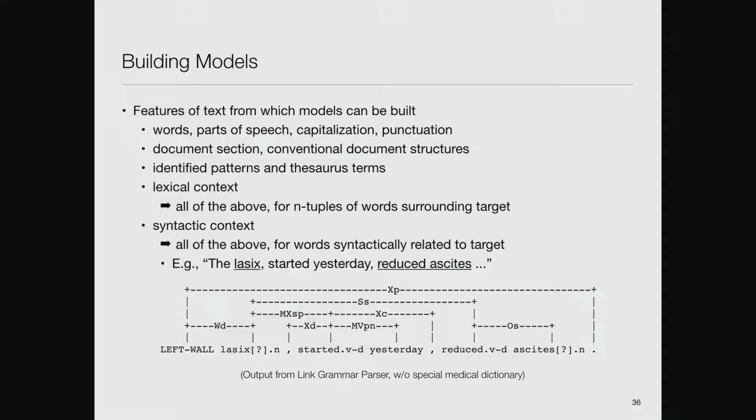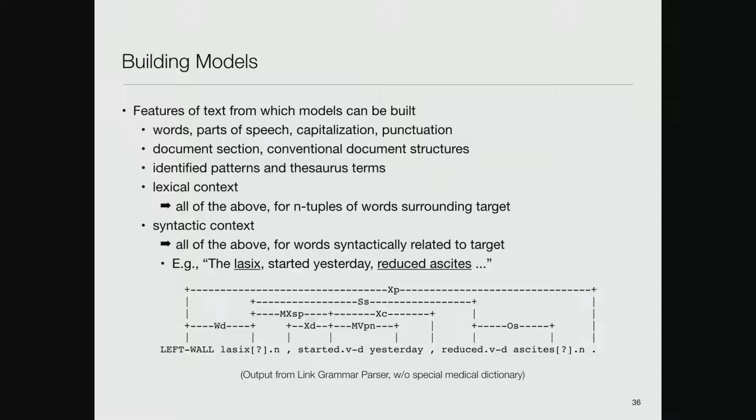We then identified a bunch of patterns and thesaurus terms, so we looked up words and phrases in the UMLS to see if they matched some clinically meaningful term. We had patterns that identified things like phone numbers and social security numbers and addresses and so on. And then we did parsing of the text.